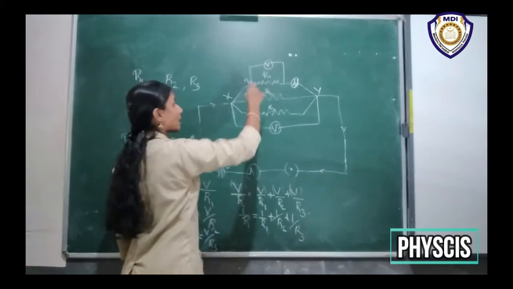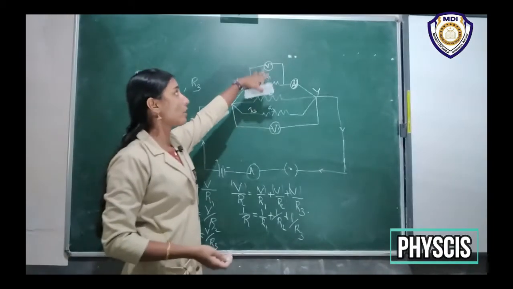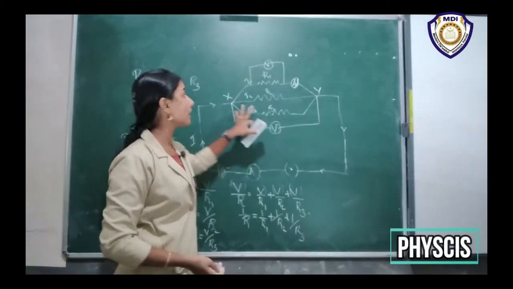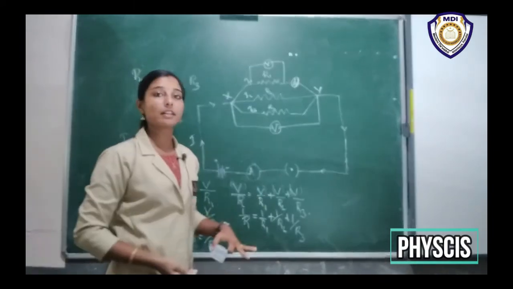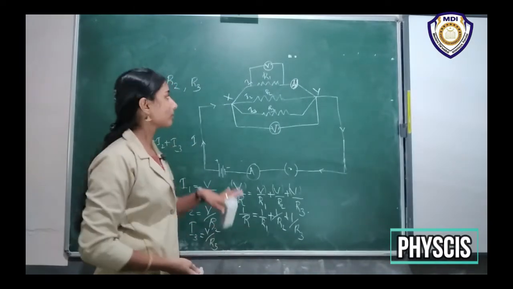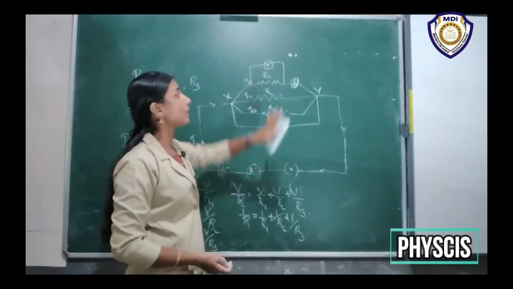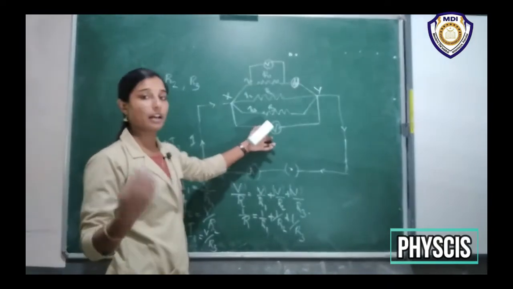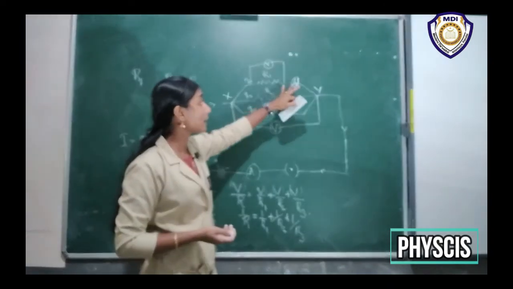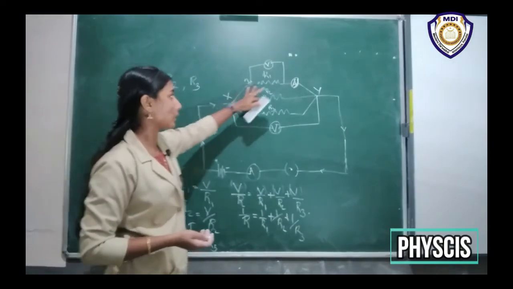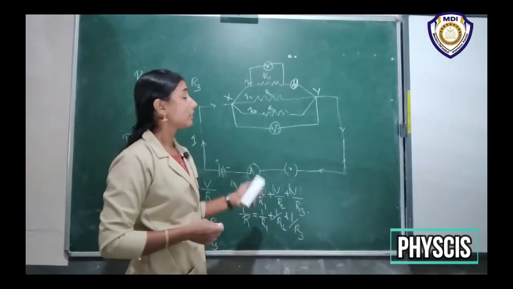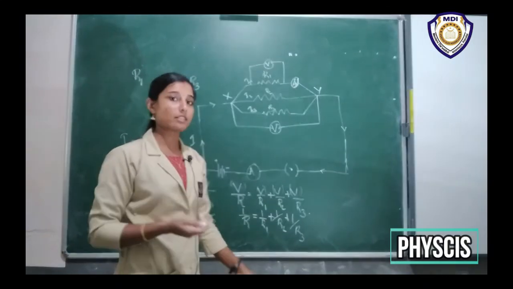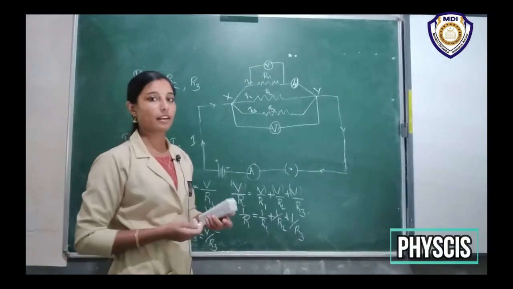This is how we can measure the individual potential difference and the individual current flowing through this R1 resistor. The voltmeter reading will show the same as before, but the individual current flowing through R1 should be different from the resultant current.